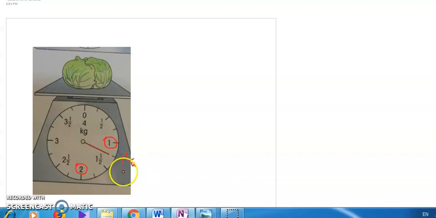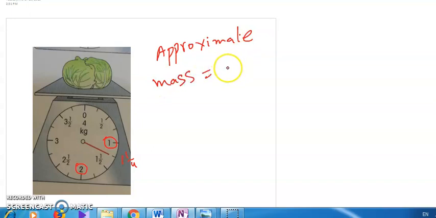If we see, the reading is 1/4. So in this situation, where we have the reading before the halfway, we will take the smaller number while approximating. So in this case, I can say the approximate mass is equal to 1 kg.